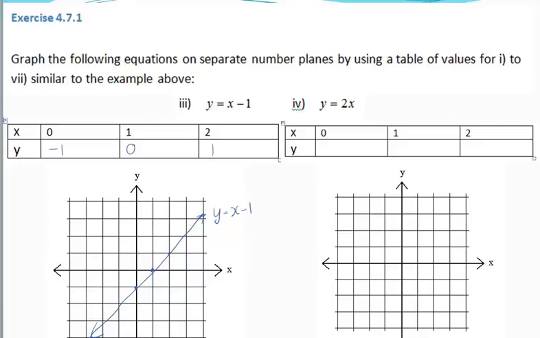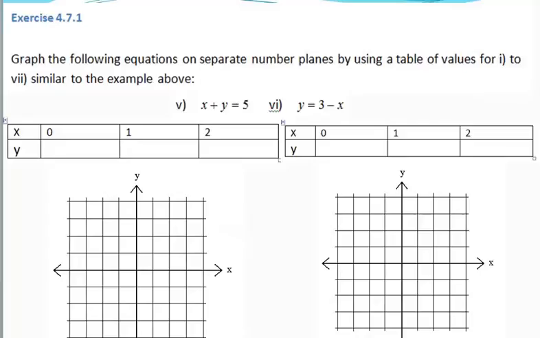Next, y is equal to 2x. 2 times 0 is 0, 2 times 1 is 2, 2 times 2 is 4. So when x is 0, y is 0, when x is 1, y is 2, and when x is 2, y is 4. We draw our line, y is equal to 2x.